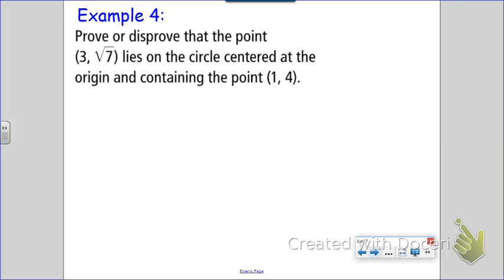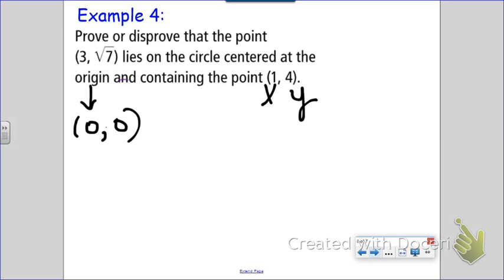Okay, the next question, does the point (3, √7) lie on the circle centered at the origin? So center is at (0, 0), and contains the point (1, 4). So in order to prove this, we're going to check to see what the radius is, and then check to see if this point would work when we find the radius.